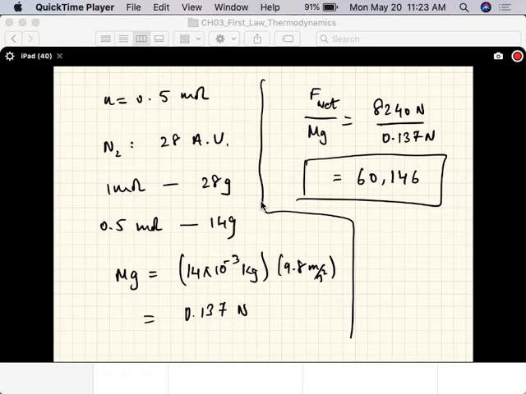What does this mean? So if you translate this, what this means is, you can push with a force equal to 60,000 times your body weight. That's what that is saying. So this is better than Superman. You fill that cup with that nitrogen to a pressure of 6 atmospheres. You're getting a push 60,000 times its weight.